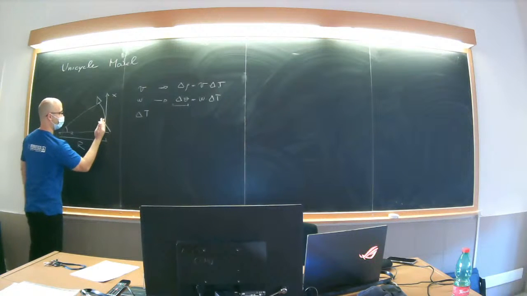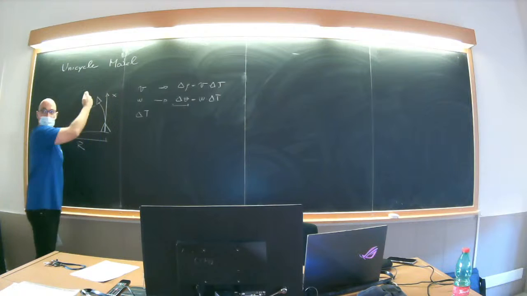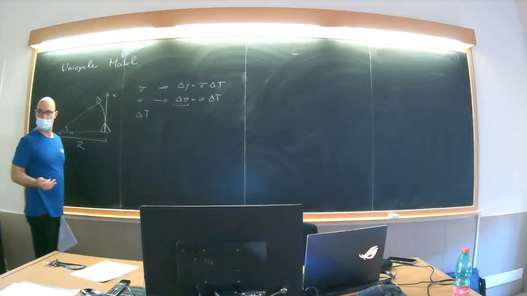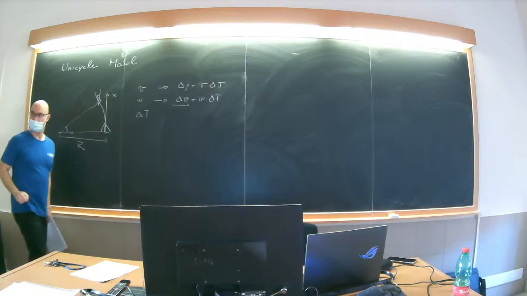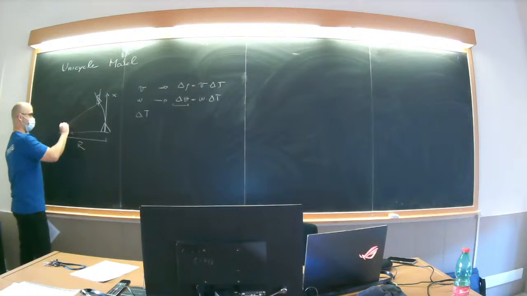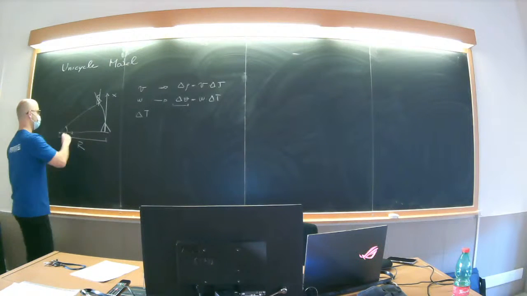When the robot moves along this arc, it has a change in orientation, and this change in orientation is our delta theta, which is this angle over here, and which is equal to this angle over here by the identity of triangles. So we can say that this is delta theta.